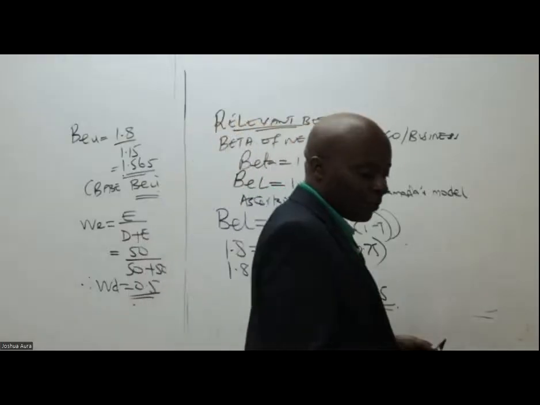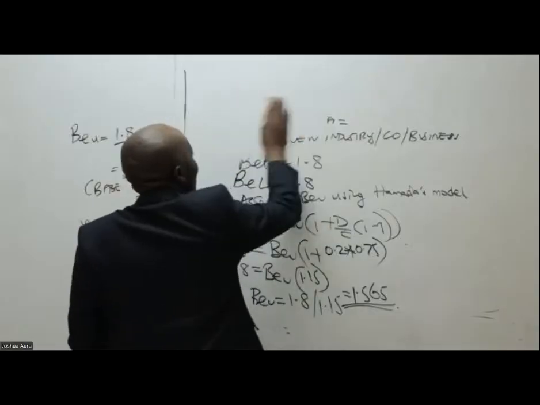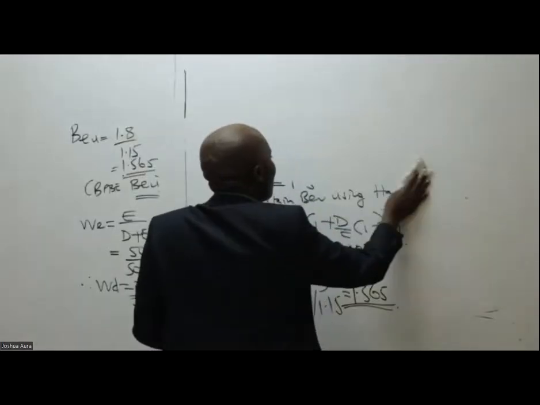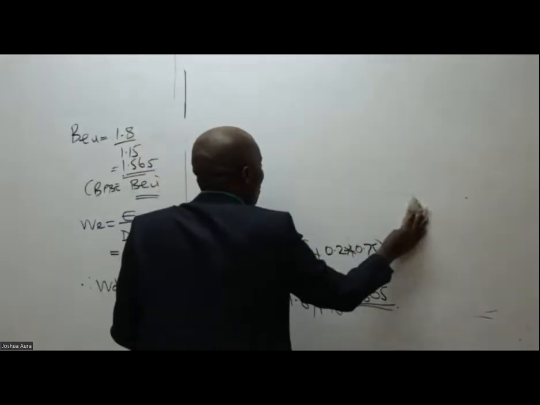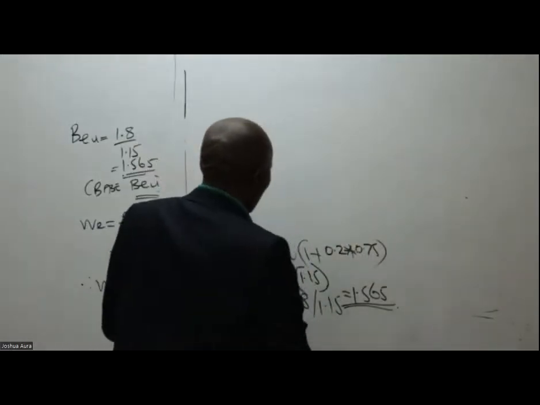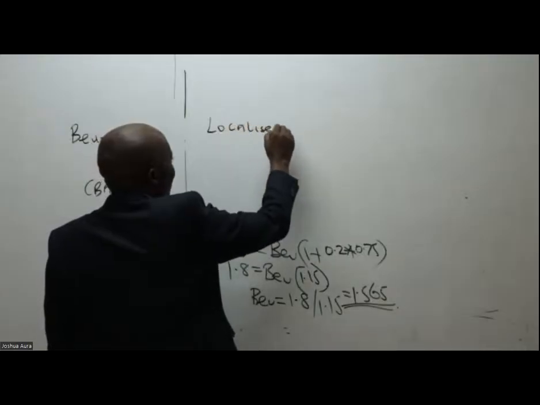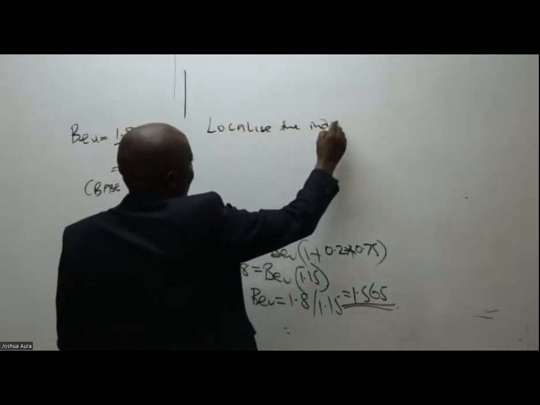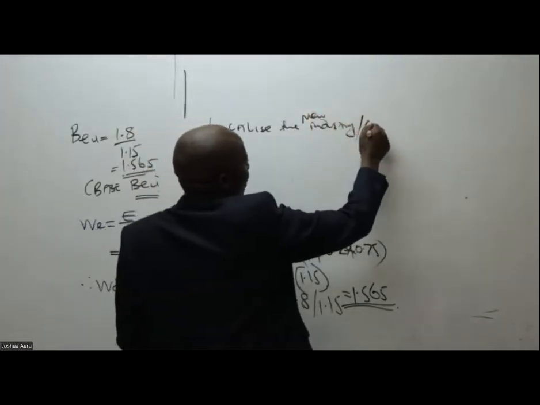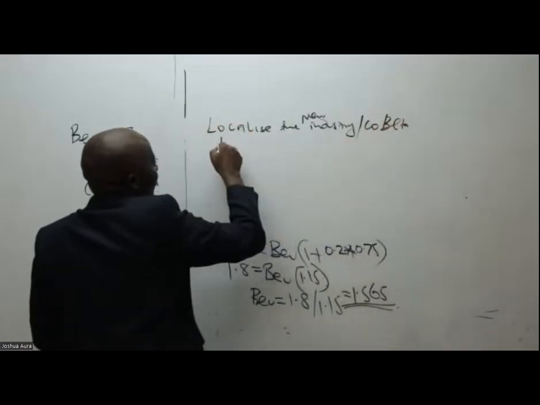Now, ladies and gentlemen, the next thing, using this base, you can call it base beta, I should be able to localize. So you localize the industry, the new industry, new company or new business beta to the firm.